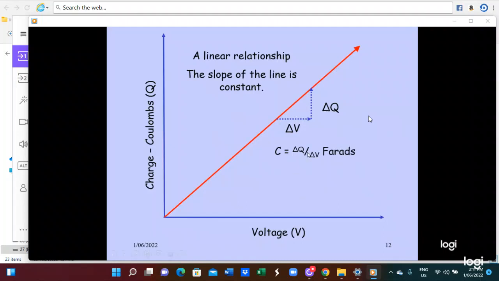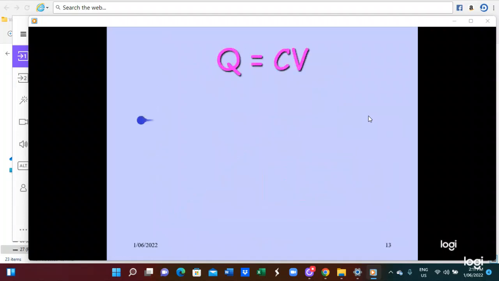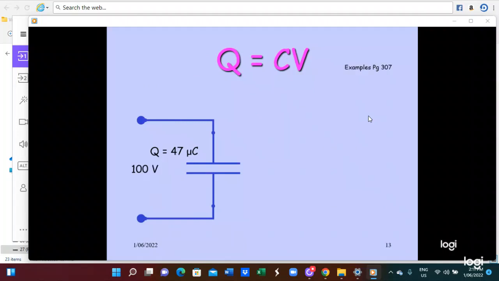So Q equals C into V. When the capacitor is 47 microfarad, voltage 100 volt. Q equals CV. So you substitute, C equals Q by V, you get 47 times 10 to the minus 6 by 100, you get 0.47 microfarad.